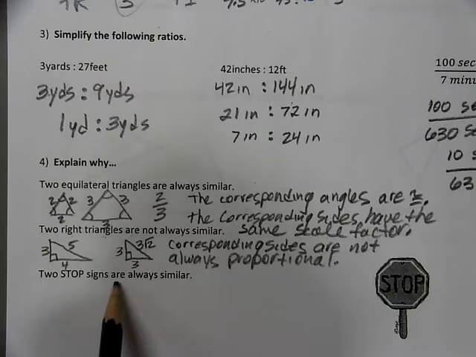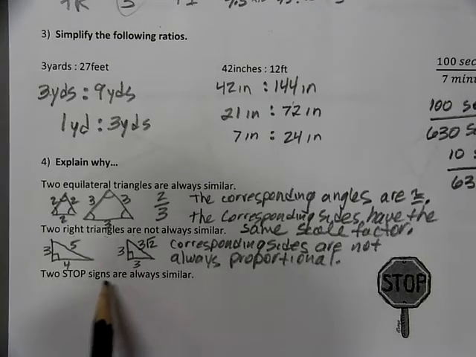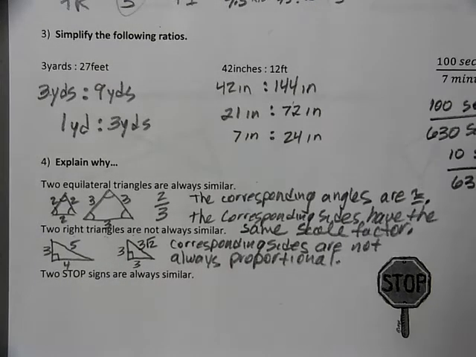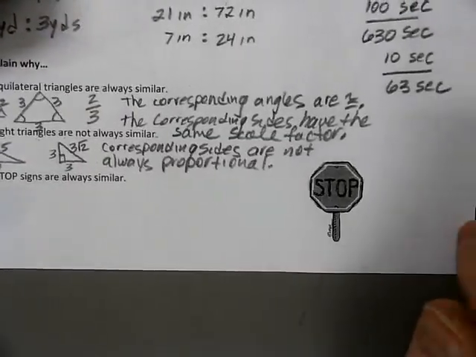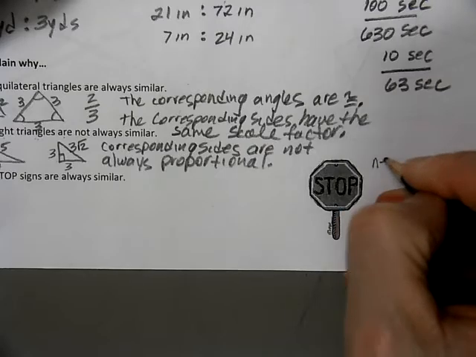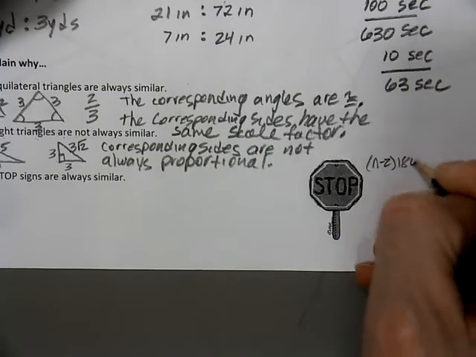Next, we're going to look at a stop sign. 2 stop signs are always similar. Well, here's a little picture of our stop sign. Our stop sign has 8 sides on it. We learned some ideas about polygons in the past. We learned a little formula, if you recall. We learned about n minus 2 times 180.